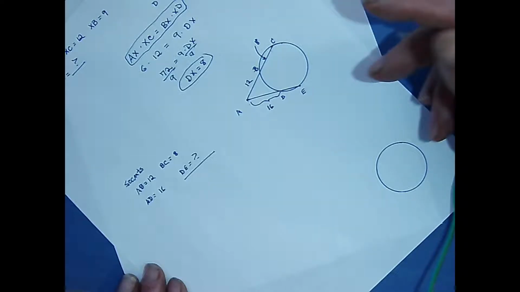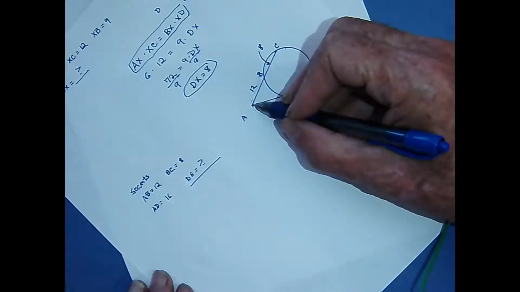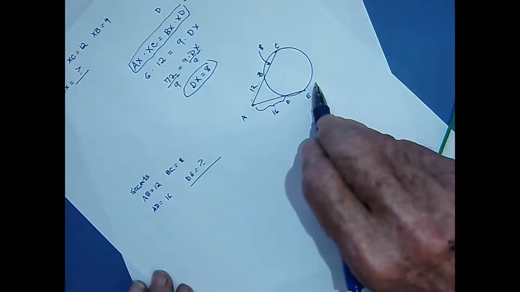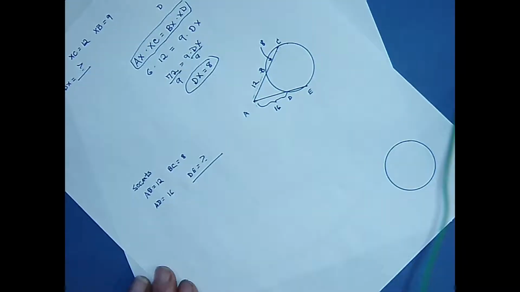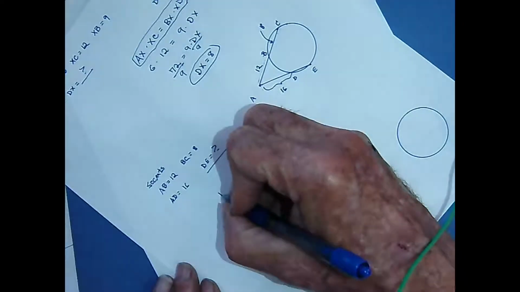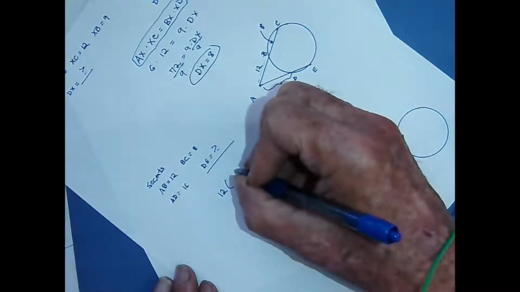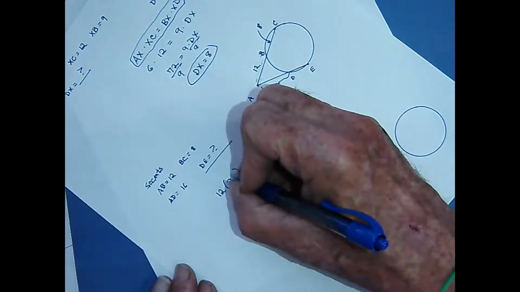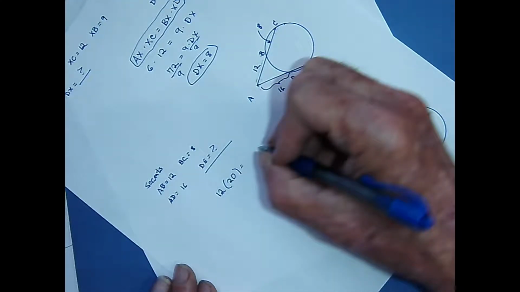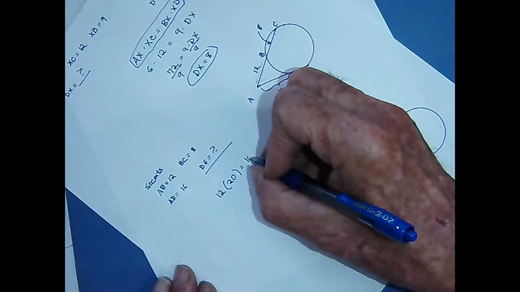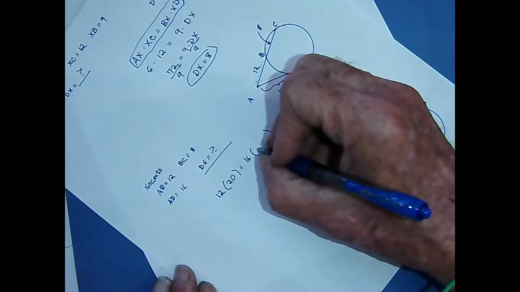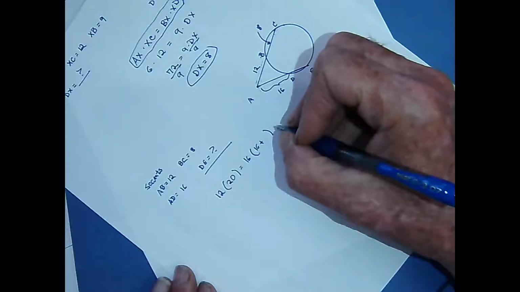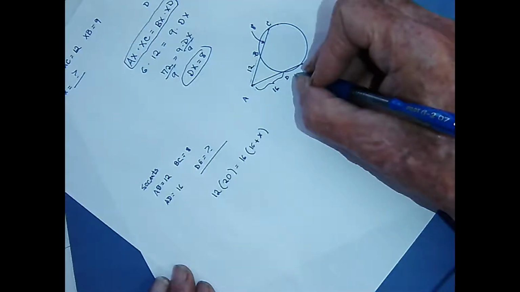What I'm going to remember is the exterior part times the full length is equal to the exterior part times the full length. So in that case, that would mean the exterior part 12 times that full length, 12 plus 8, going to be 20 right there, must equal the exterior part 16 times that full length, which has to be 16 plus DE. I'll call it X for right now, so 16 plus X.